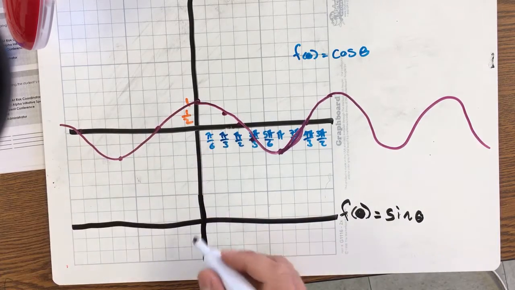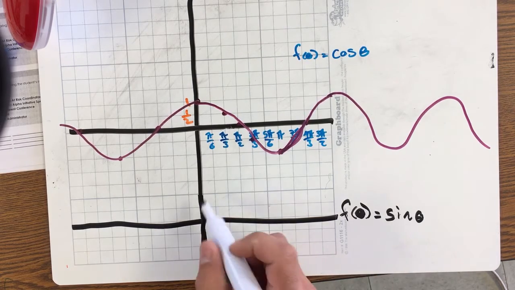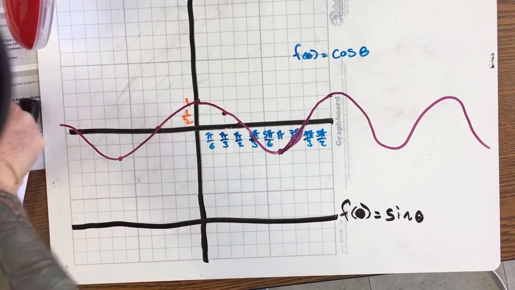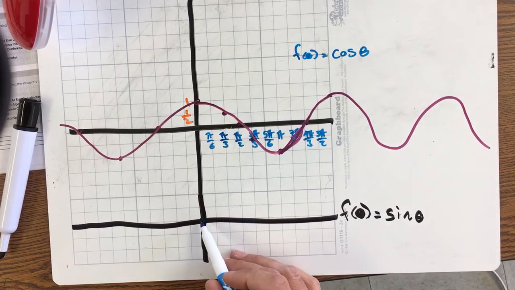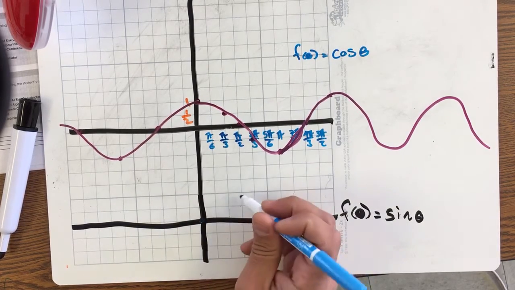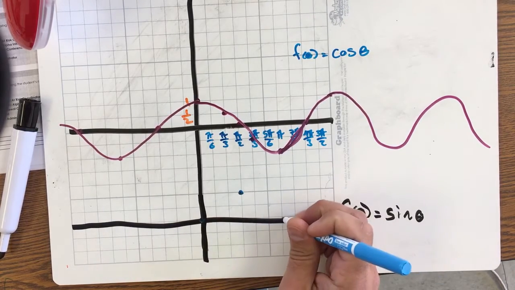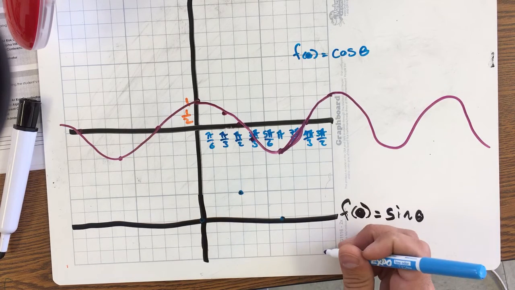So this is 0, 0. This is the origin. So I know that the sine of 0 is 0. So I'm going to start at 0. I know that the sine of pi over 2 is 1. The sine of pi, again, 0. The sine of 3 pi over 2 is negative 1.